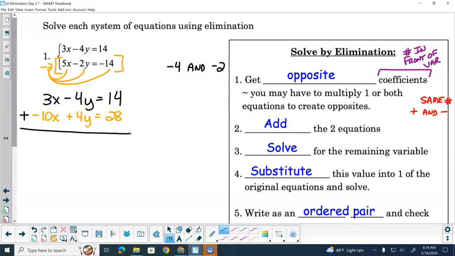Positive 3x plus negative 10x, or 3 minus 10, is negative 7x.